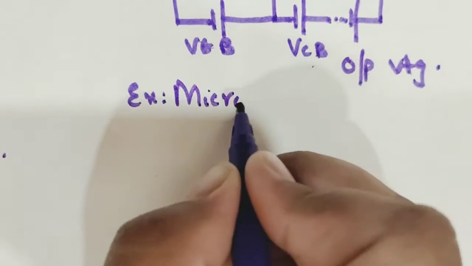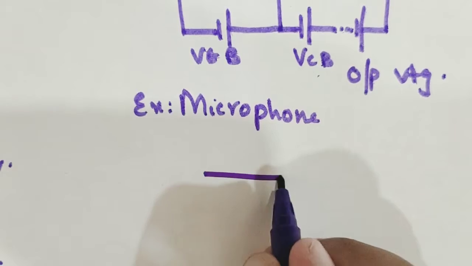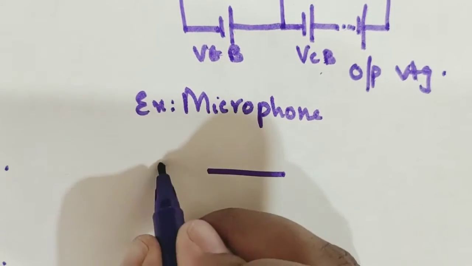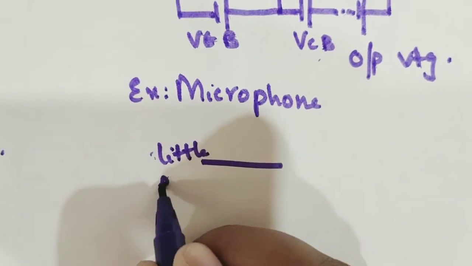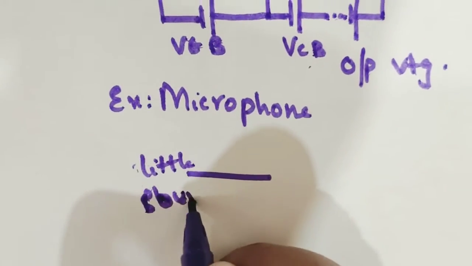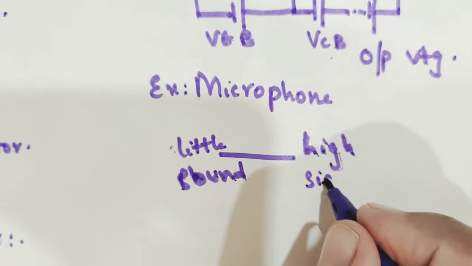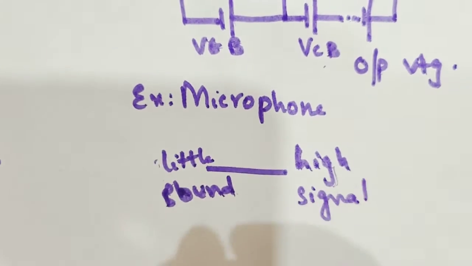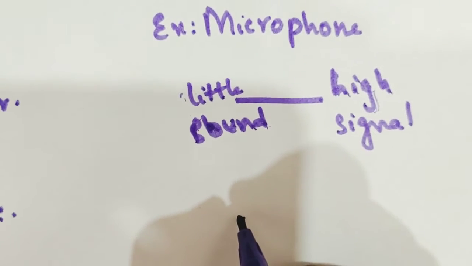This is the best example we can explain for an amplifier. As you all know, a microphone works such that when you apply little sound, it generates a high signal. How it actually performs internally: let us take the internal circuit diagram of a microphone.